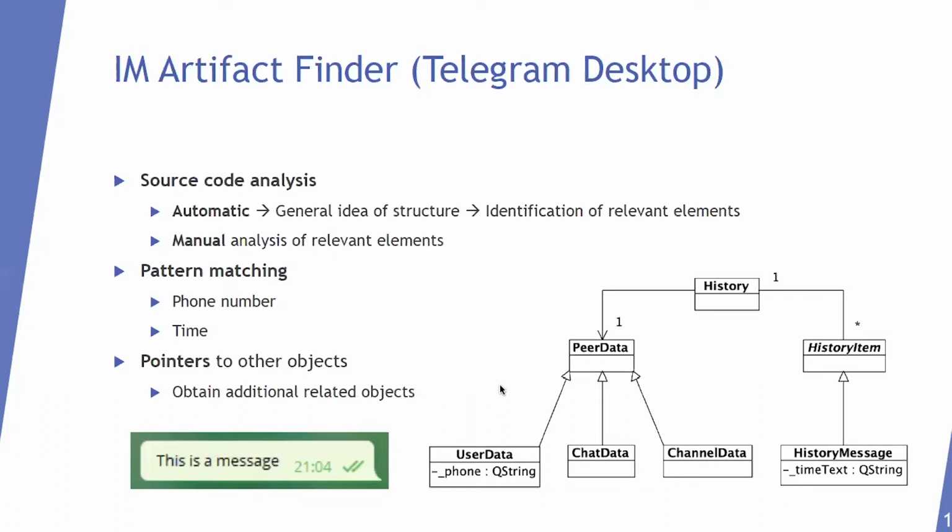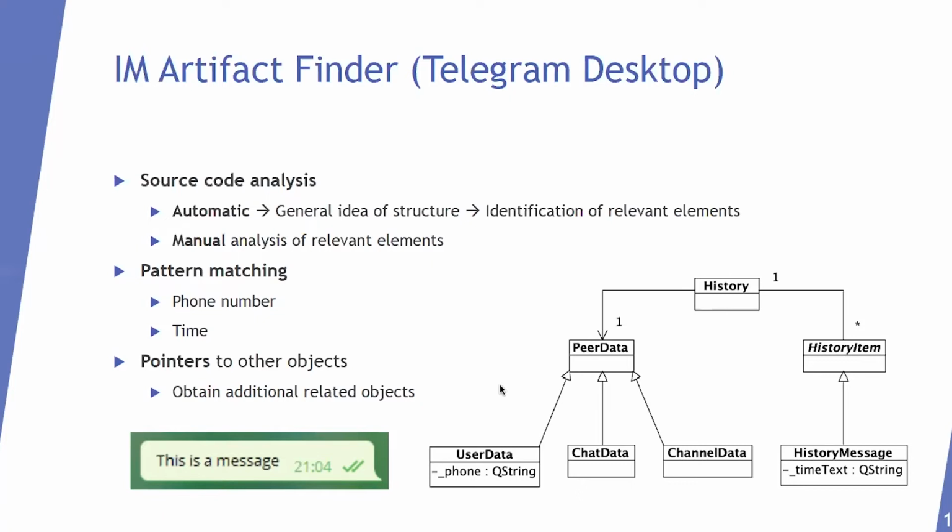In order to extend IM Artifact Finder to support the Telegram desktop application for Windows, we have analyzed its source code, since the Telegram desktop source code is available. We first performed an automatic source code analysis, and we obtained the entire Telegram desktop class diagram, which gave us a general idea of the structure of this application.